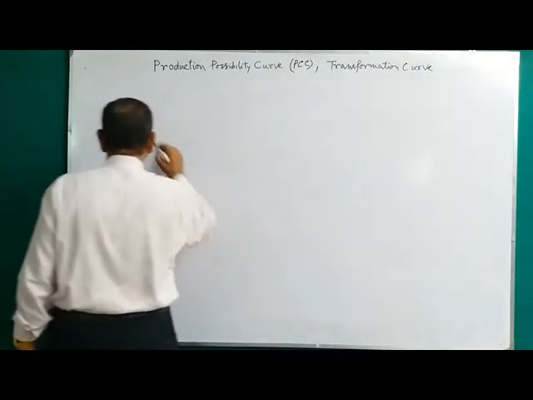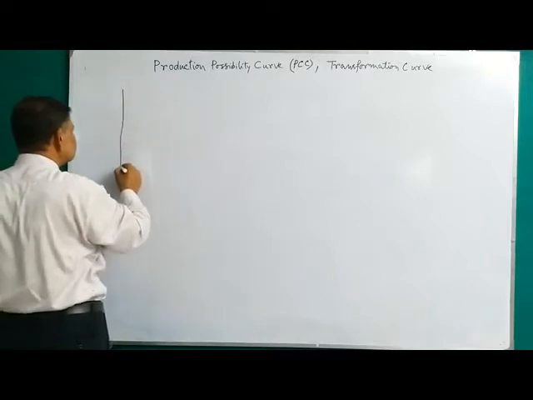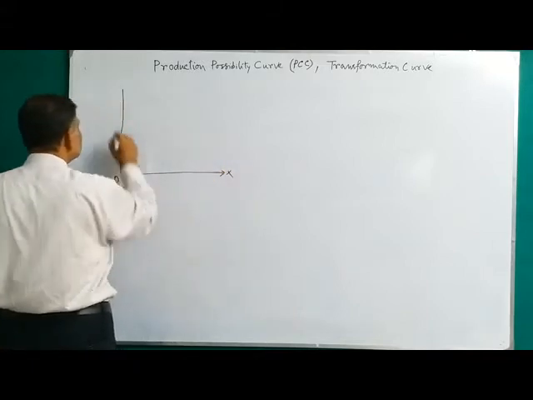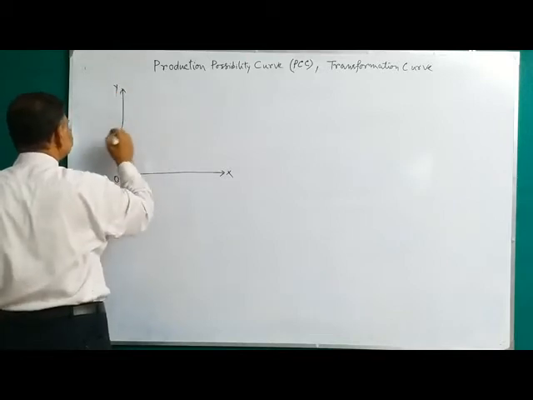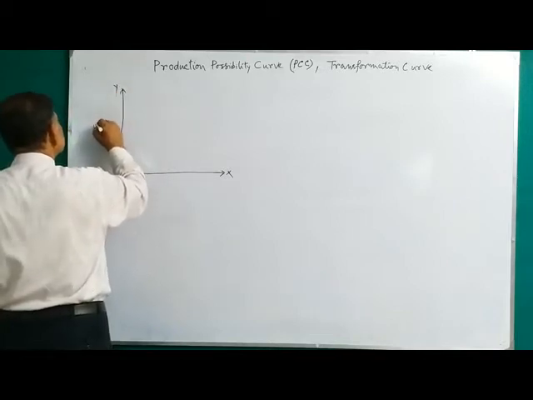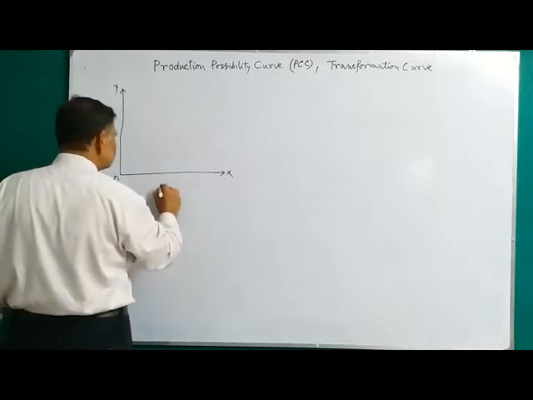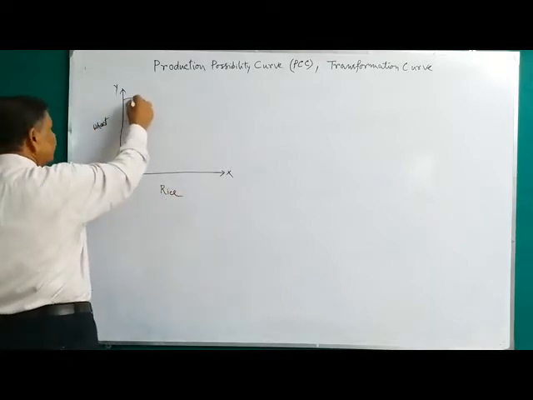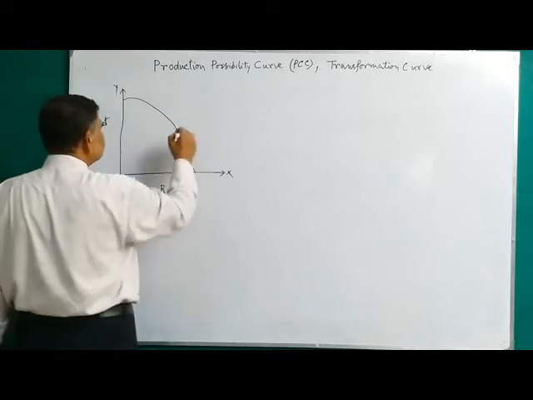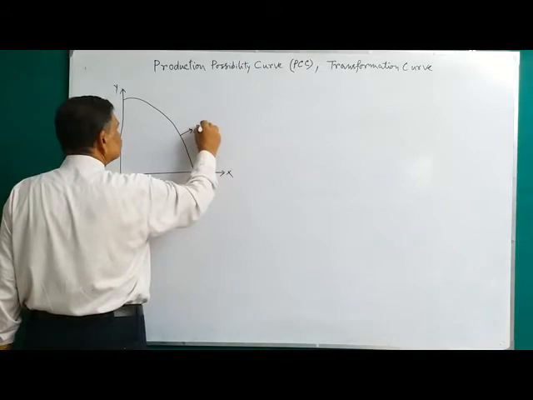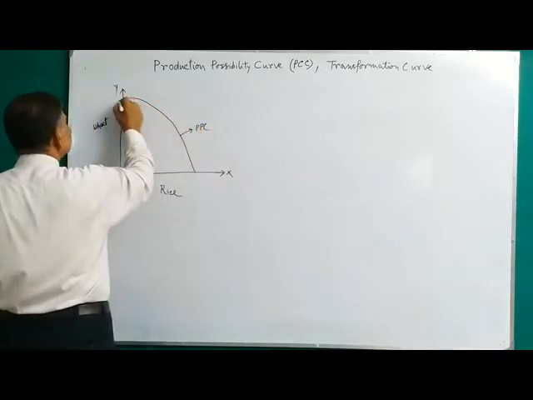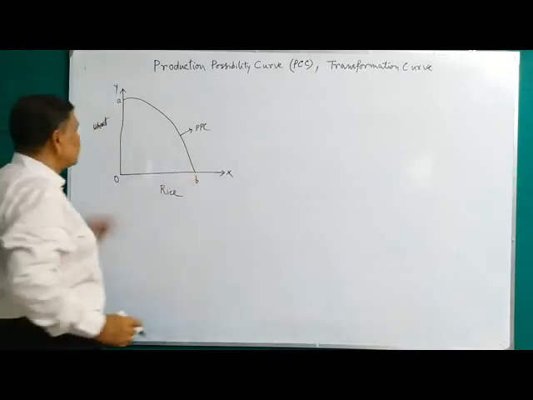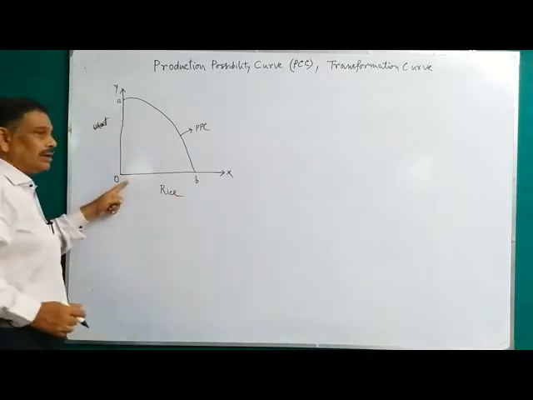Now the shape of it. So AB is the production possibility curve. It is concave to the origin.